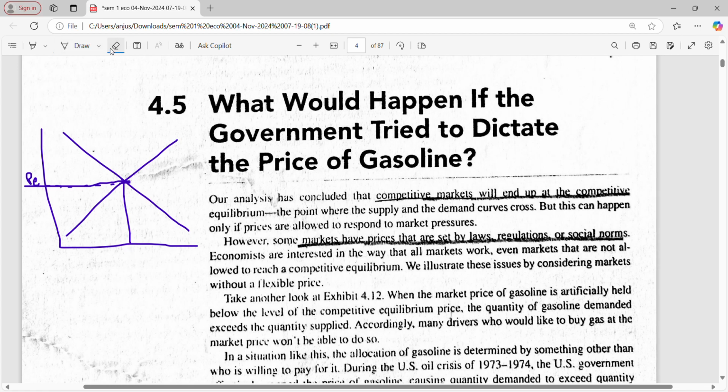This is how the market situations have to work, right?